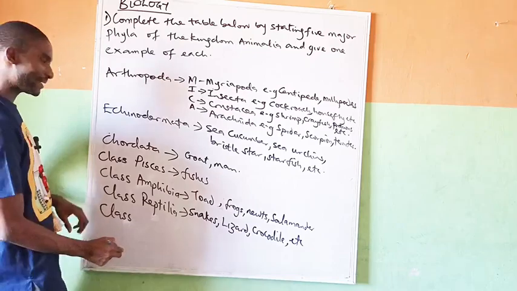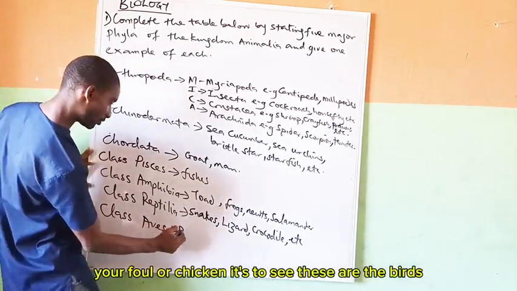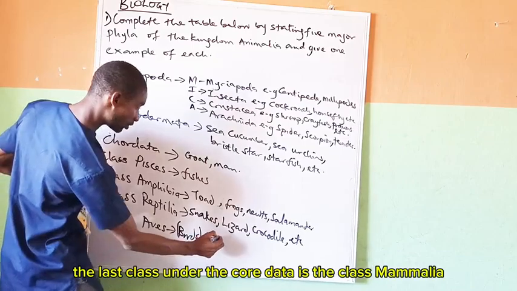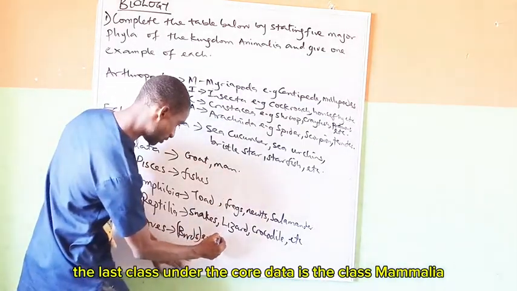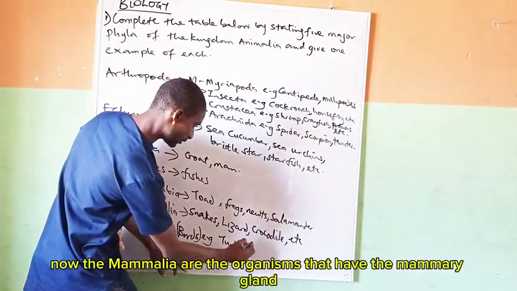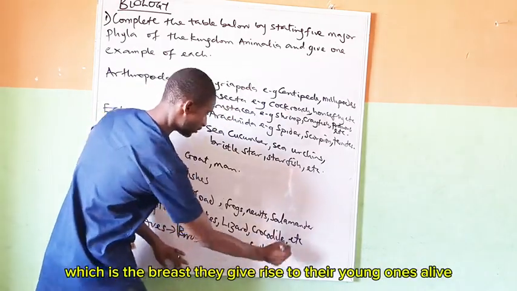Then you have the class Aves. The class Aves are the birds. All right, e.g., like your fowl, your chicken, your turkey, your parrot. Those are the birds.